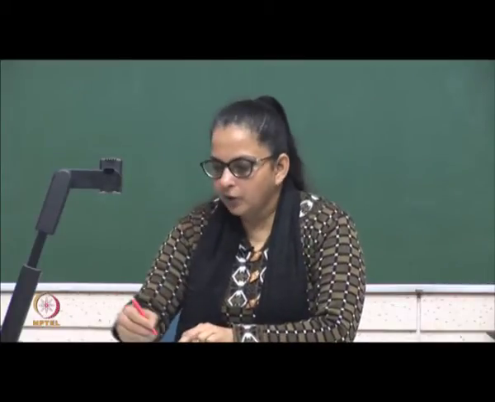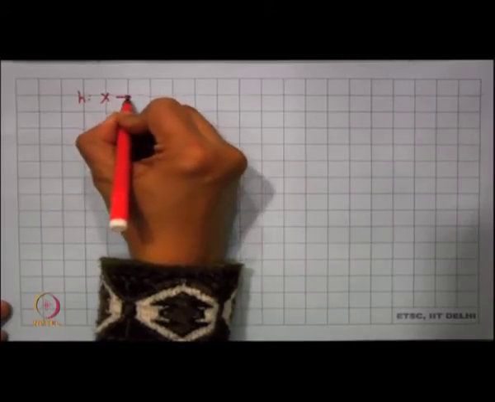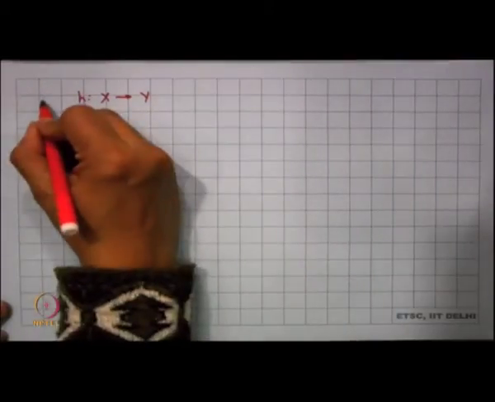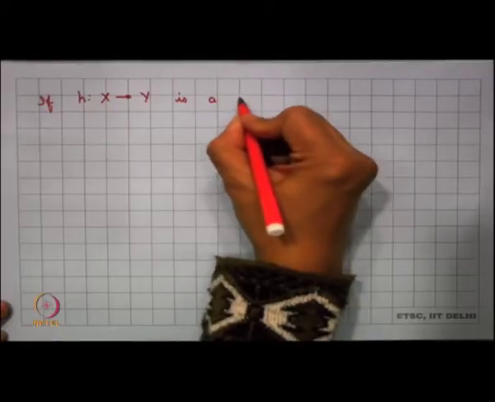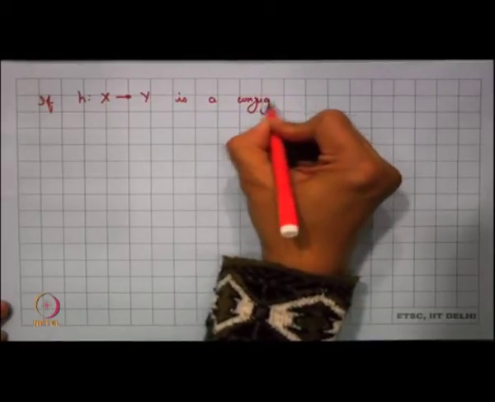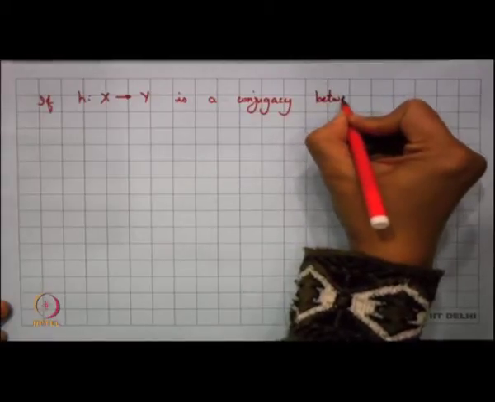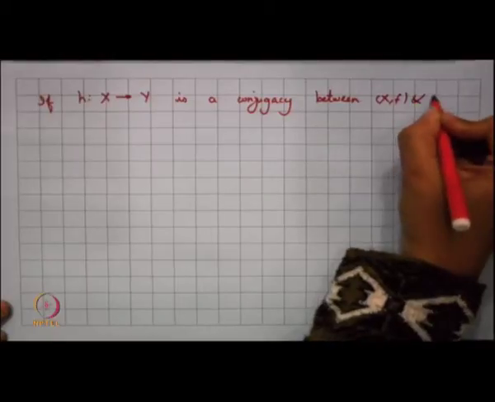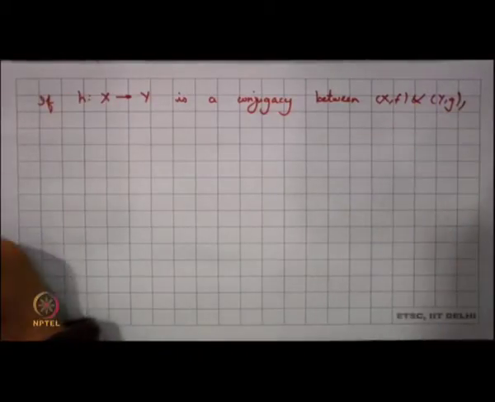So, we look into this topologically conjugate system. Now, if h from x to y is a conjugacy between my (X, f) and (Y, g), then I can take any power of f.